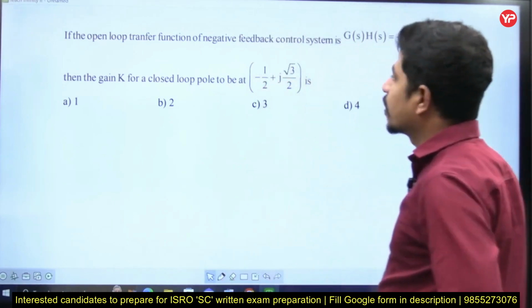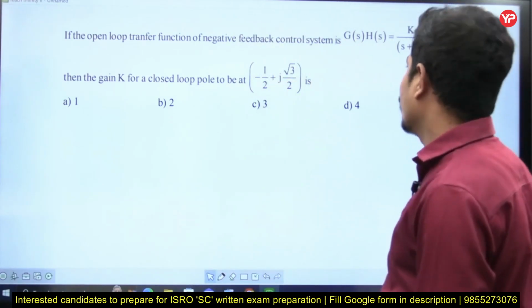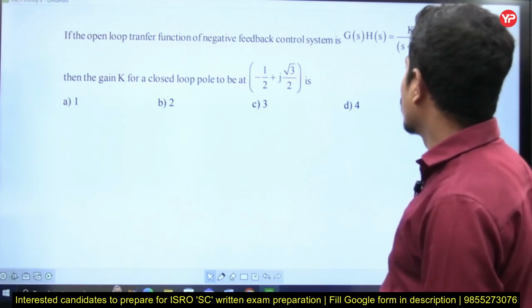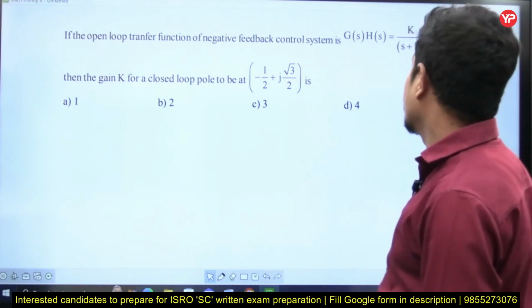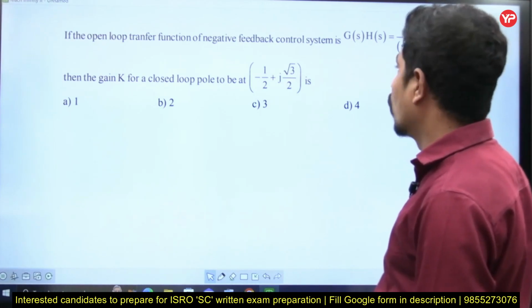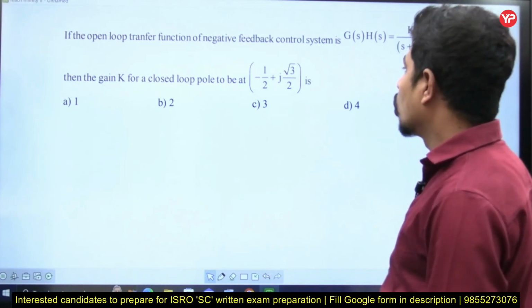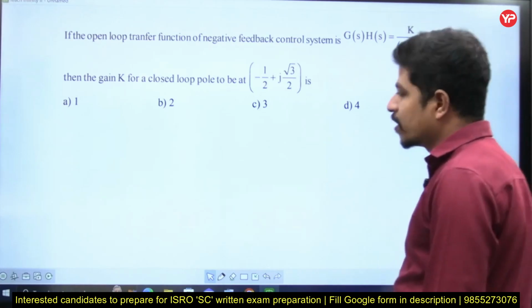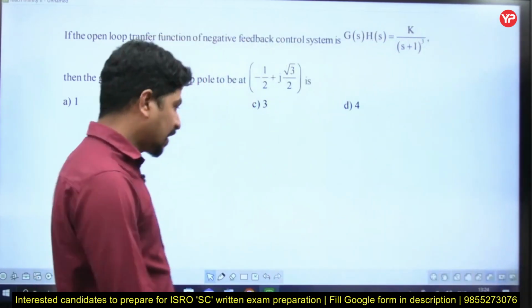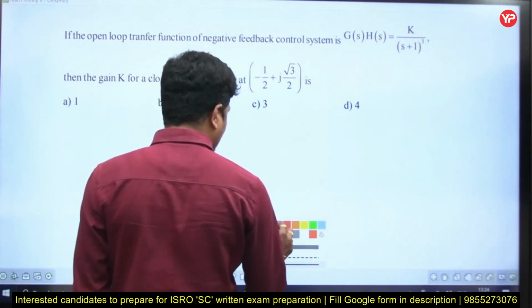The first question is: if the open loop transfer function of a negative feedback control system is G(s)H(s) = K/(s+1)^3, then the gain K for a closed loop pole to be at -1/2 + j√3/2 is, he is asking us. Understand the concept carefully.